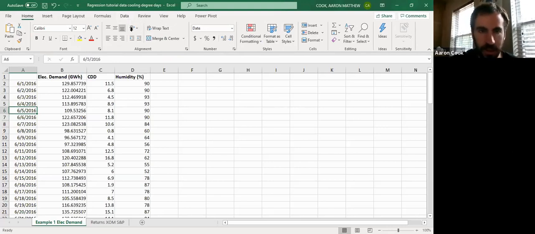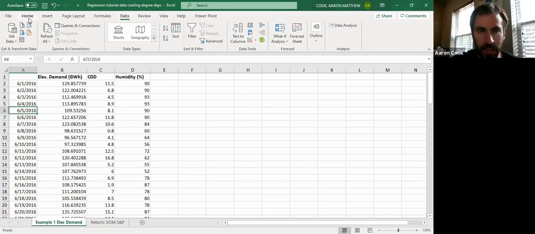So if you go to the Data tab along the top of Excel and click on Data, on the right-hand side there should be this data analysis option available, based on what you just did with installing that extra package.